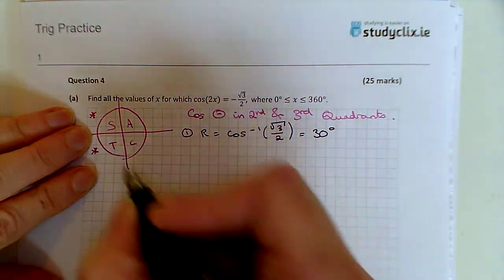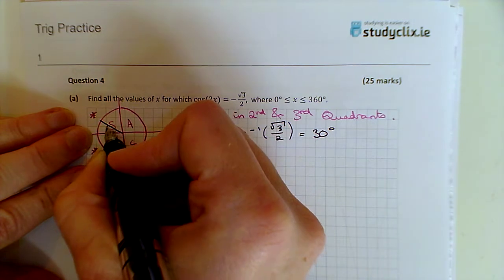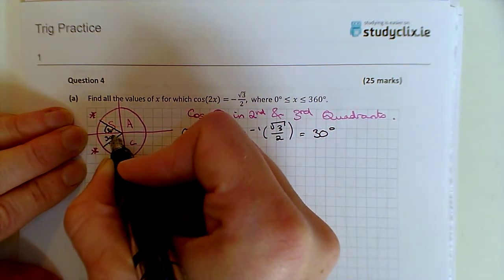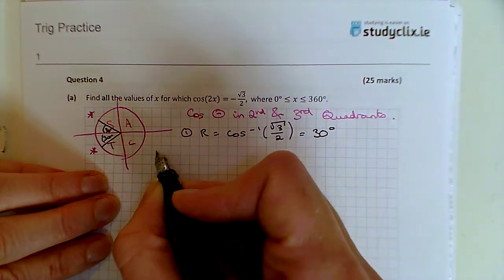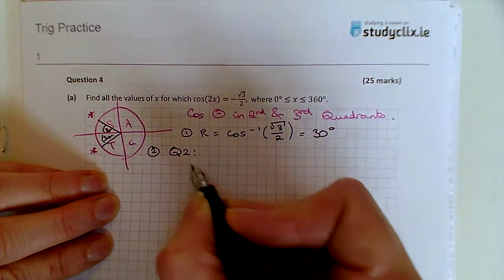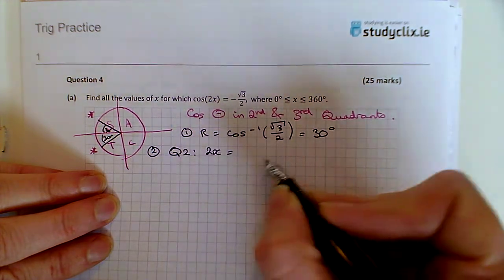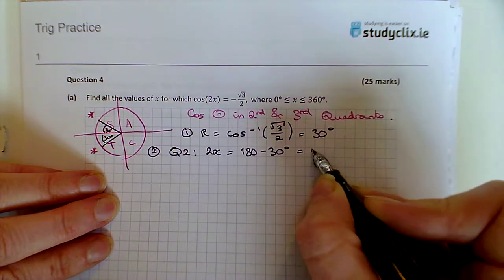So I'm looking at 2x is either the angle that makes 30 degrees here, or the angle that makes 30 degrees here. Then I look at my quadrants. So in Q2, my reference angle is 30 degrees, so 2x is going to be 180 take 30 degrees, which is 150.